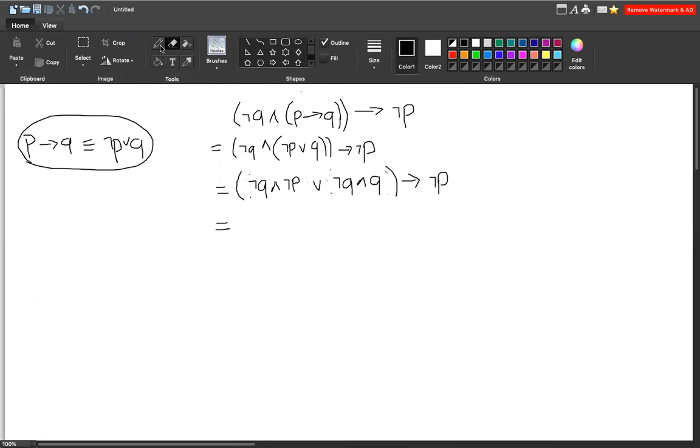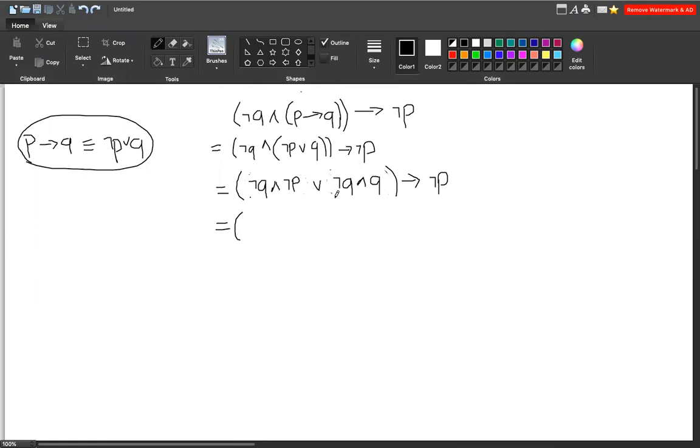Okay, now let's put them together, because we have negation of Q, negation of Q, negation of Q, Q. So let's simplify this first.